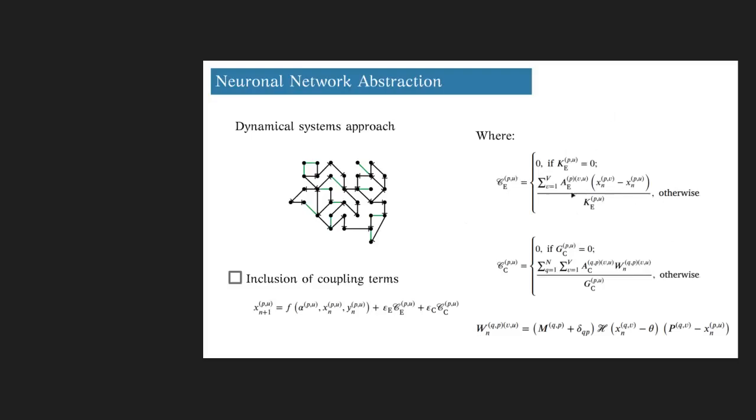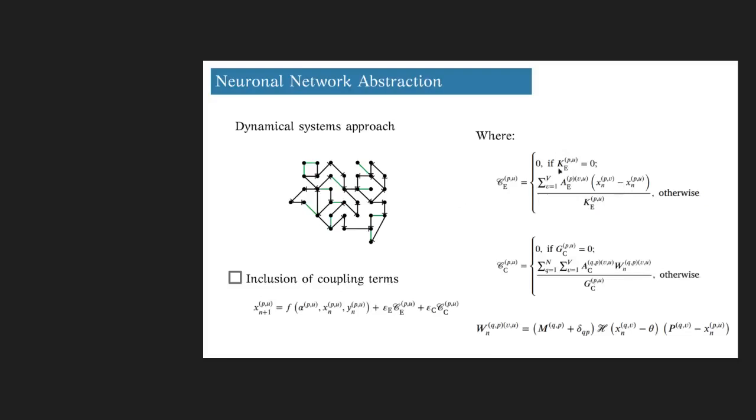Electrical connection is bidirectional, and we consider a normalization: K E is the total of electrical connections in each neuron of the network, and G C is the total of chemical connections in the respective neuron in each network.